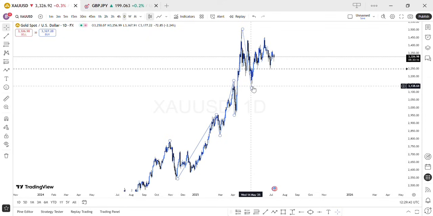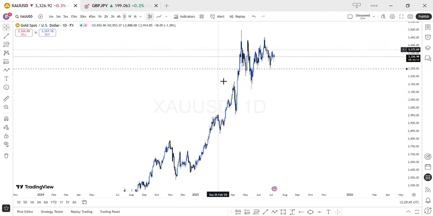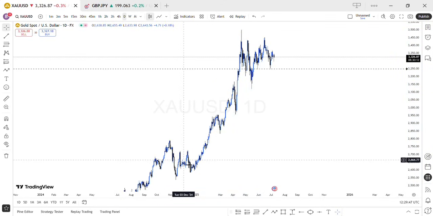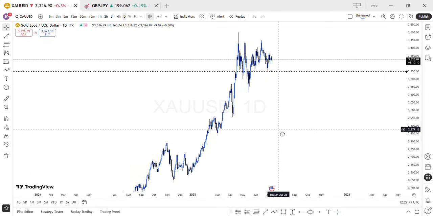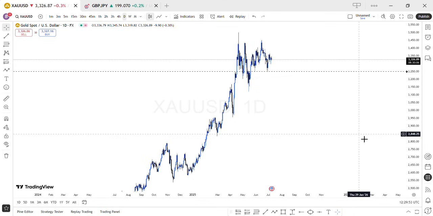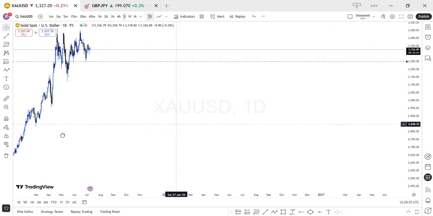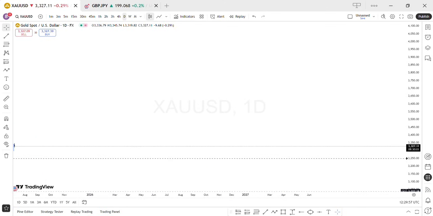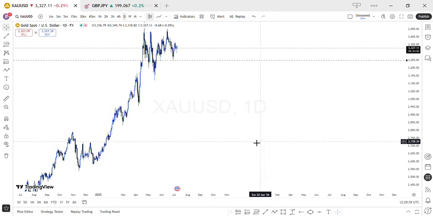So that's it. To break it down more, this one I use is just for the market structure. Market structure determines the high and the low. Another thing I use is the trend line.